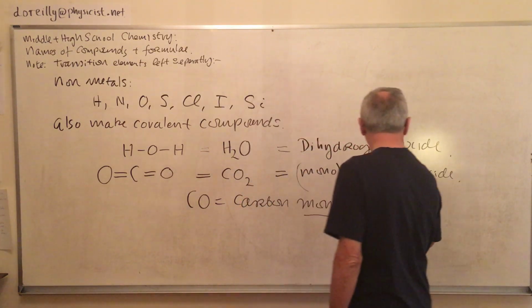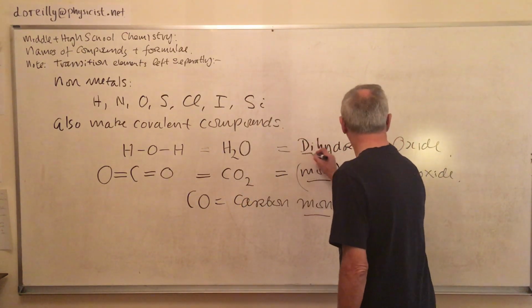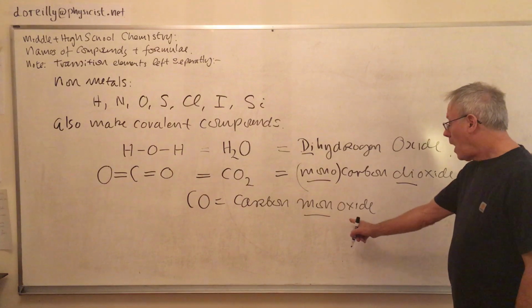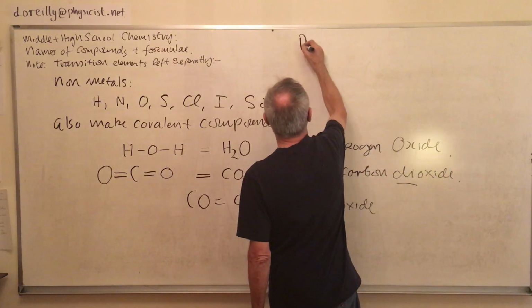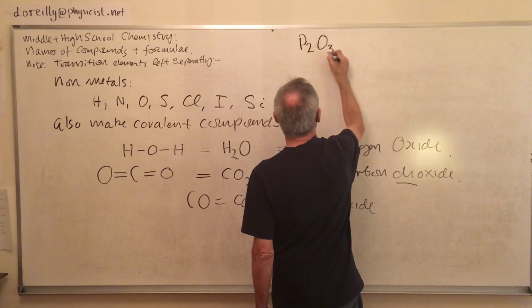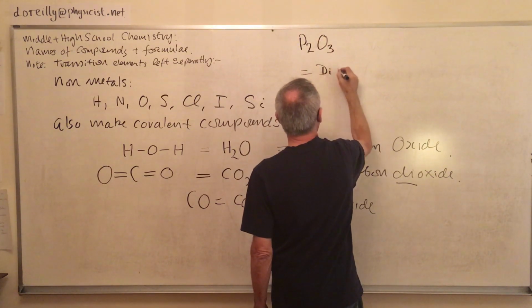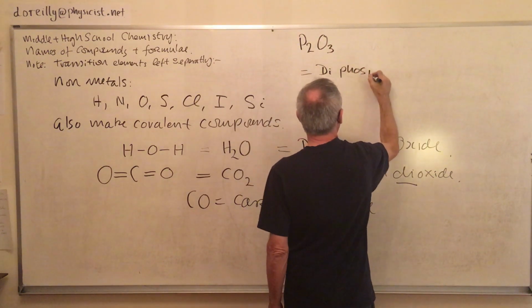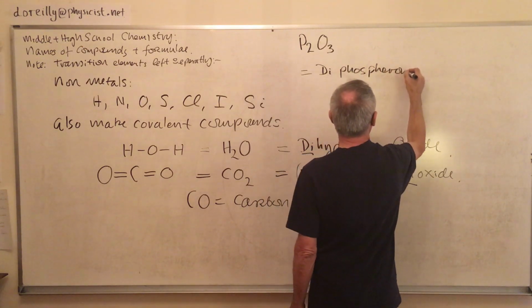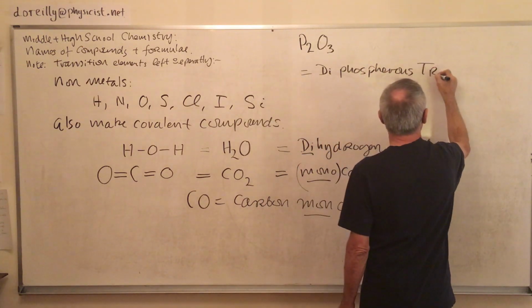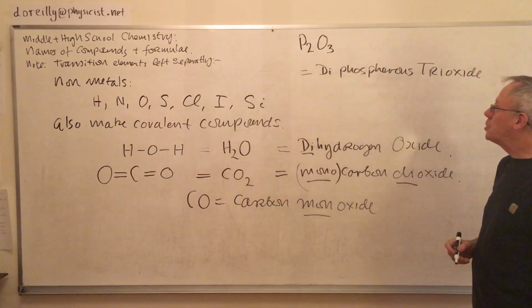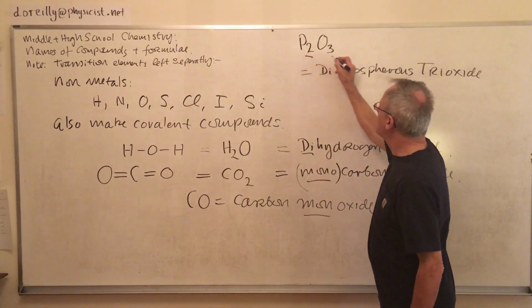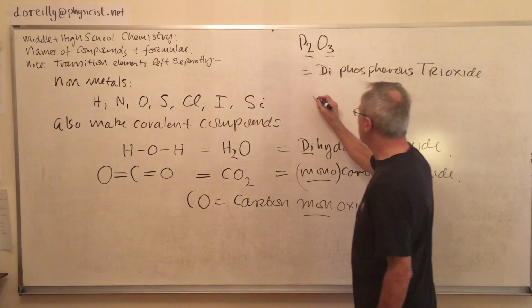So straight away we're learning the prefixes. Yeah? Carbon monoxide. Diphosphorus trioxide. Prefix of 2 followed by 3. So what are the prefixes?